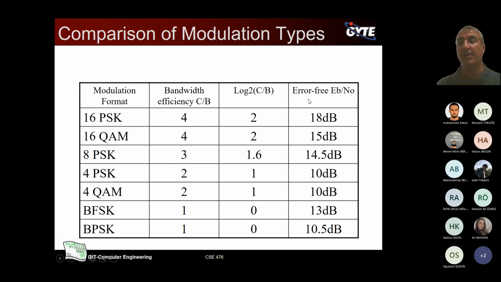And this is the error-free SNR, signal-to-noise ratio, as you see. So 16 PSK has 18 dB. This is 15 dB. So 16 QAM is more efficient.